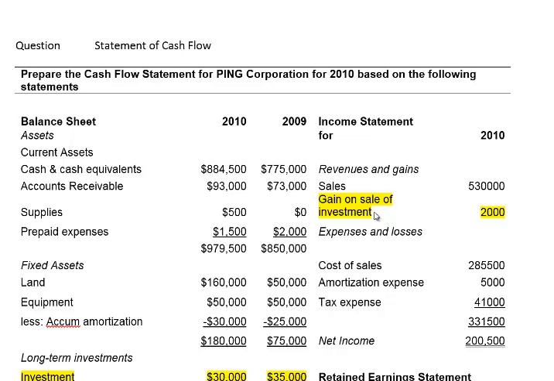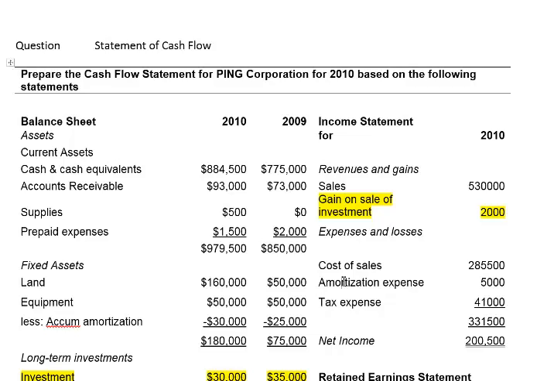Anything that we booked in net income that's non-cash, and in this case we have a gain on an investment sale. And we also have what we call amortization expense, and another word for amortization is depreciation. So we're going to look at any of those items in our income statement that are non-cash and adjust the accrual-based calculation of net income to get it to the cash basis by adjusting for those two items.